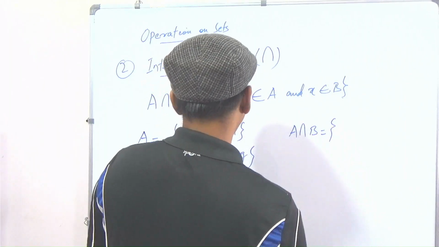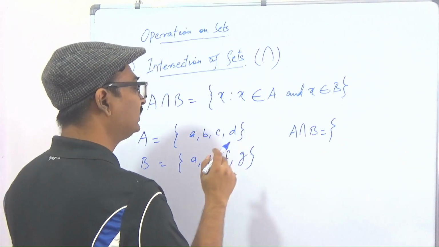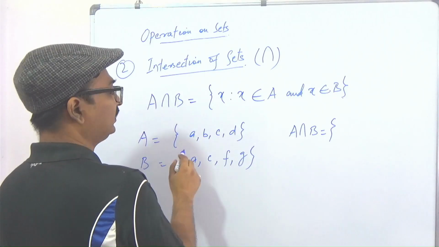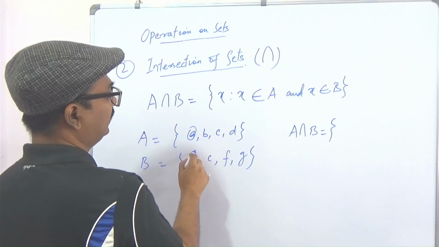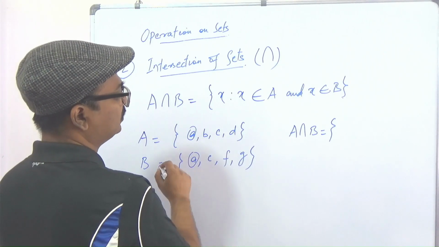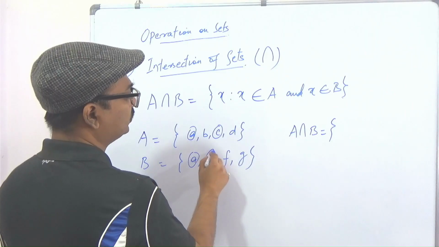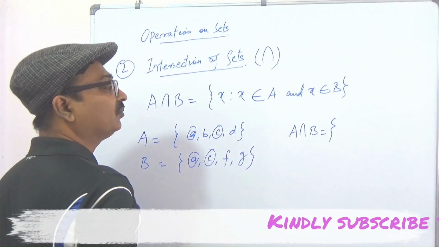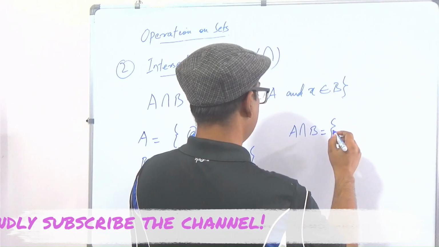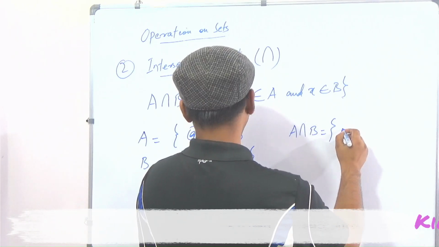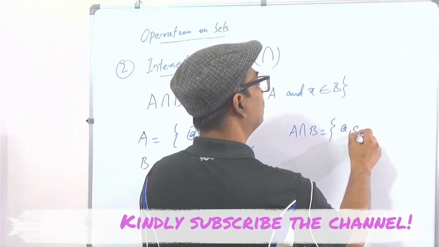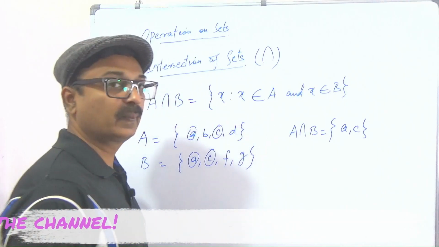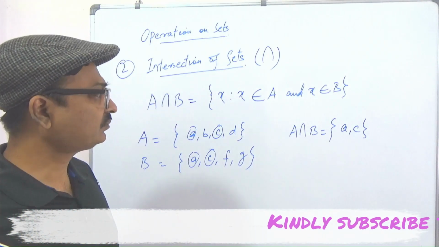It has all those elements that are common in both A and B. Which elements are common? a, yes. b, not common. c, it's common. d, no. So only two elements are common, and A intersection B will be {a, c}.